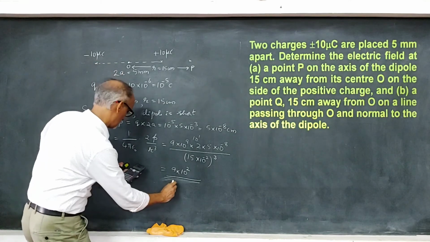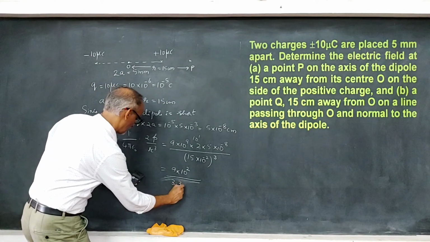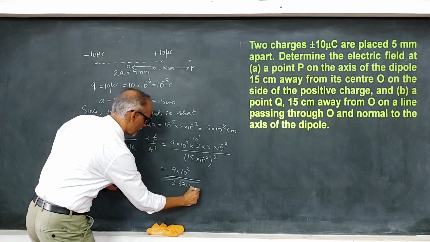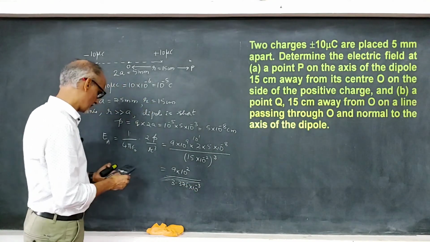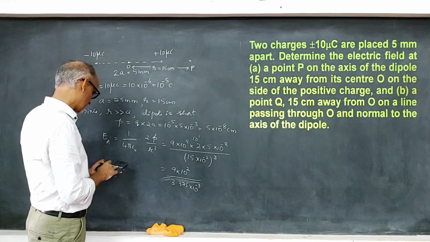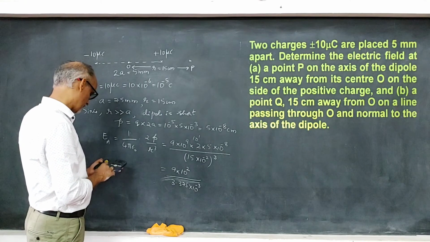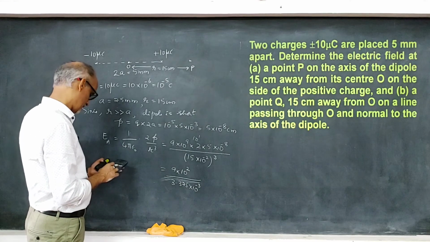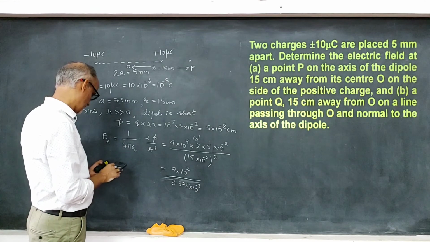We get 3.375 into 10 to the power minus 3. So now we need to divide that. It's 9 into 10 to the power 2 divided by 3.375 into 10 to the power minus 3.